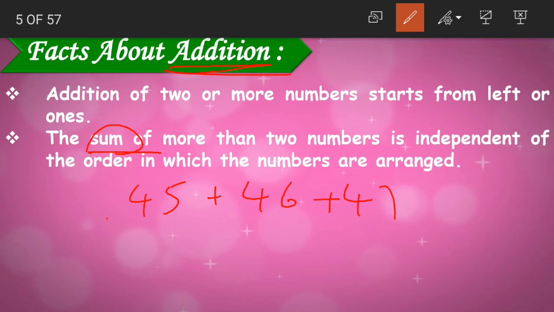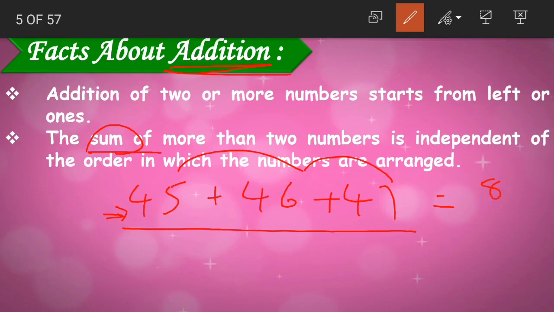See now here 45 and 46 and 47, this is the order we have taken, right? What will the answer of this be? 6 plus 7 is 13, 13 plus 5 becomes 18 here, 1 is carried, 4 plus 4 is 8, 8 plus 4 is 12 plus 1 is 13. 138 is the answer here.